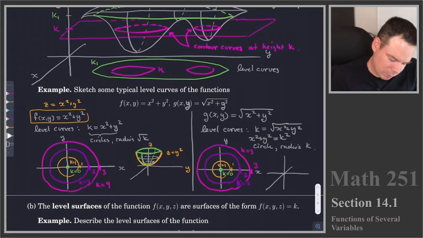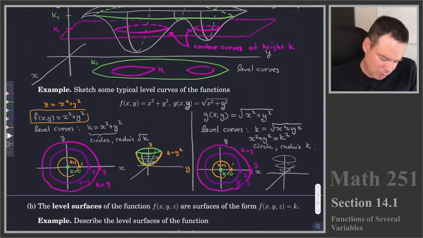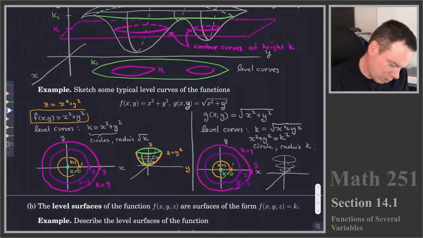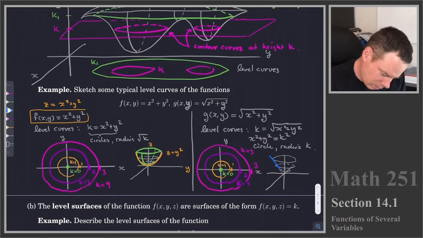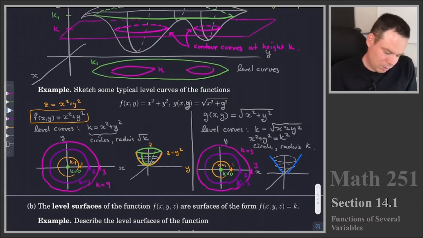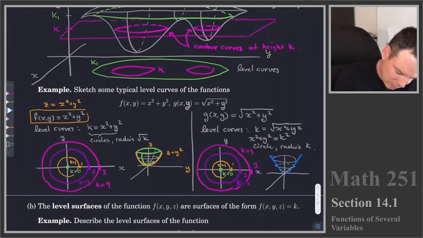Again, it's made up of circles all lying on top of one another. I'll draw a few of them in here, a circle and another circle and then another circle. And the question is, how are they stacked on top of each other? Well, I'm going to argue that they're actually straight lines now. They're not this curvy shape like the parabolas we had in the other one.